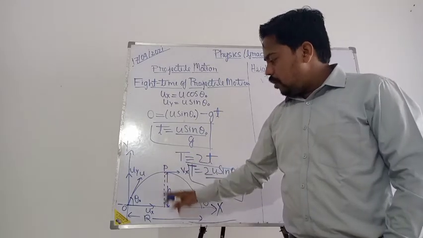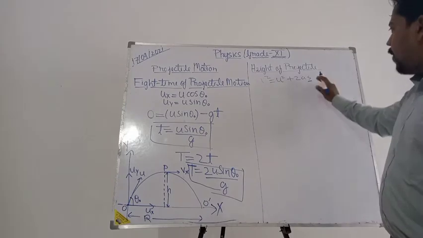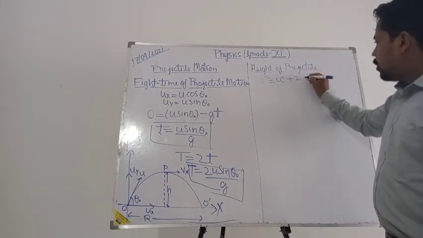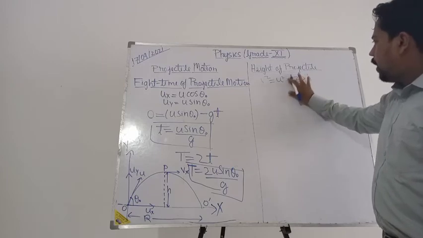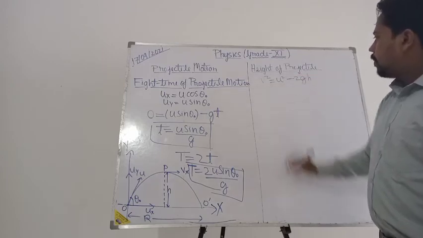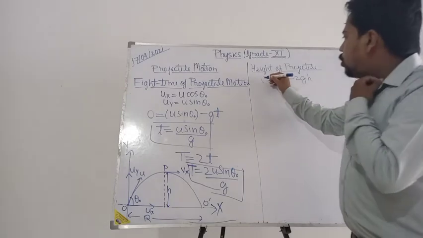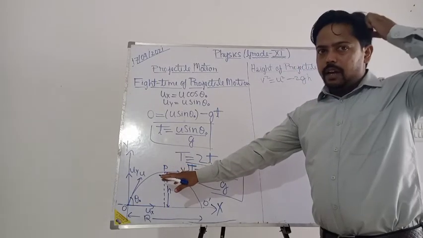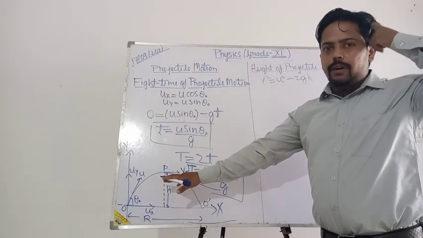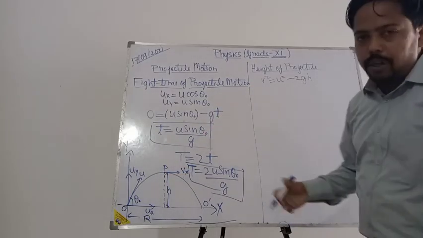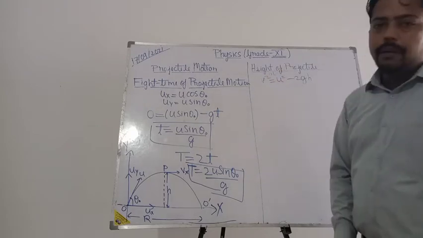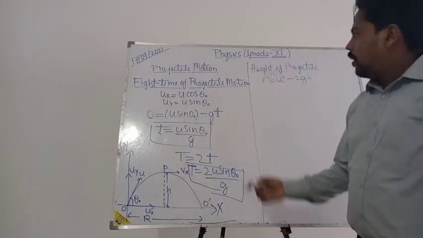So in place of s, we will be replacing this by h, and a is replaced by g, that is acceleration due to gravity, with a negative sign. And after reaching this height, the final velocity, that is the vertical component of the velocity, becomes 0. So this value will become 0, that is the final velocity term.